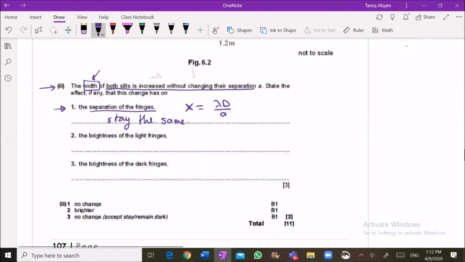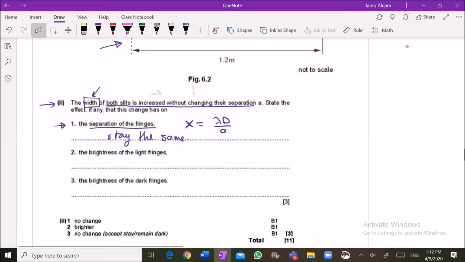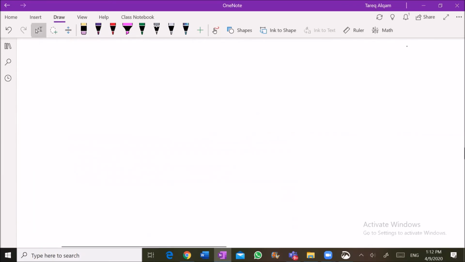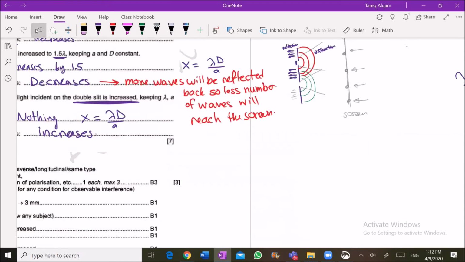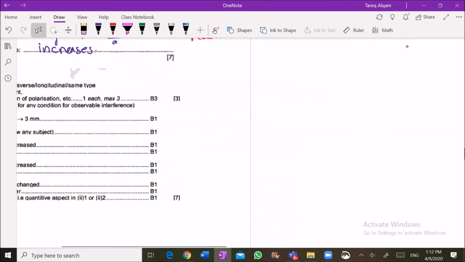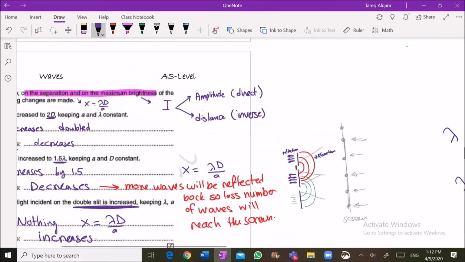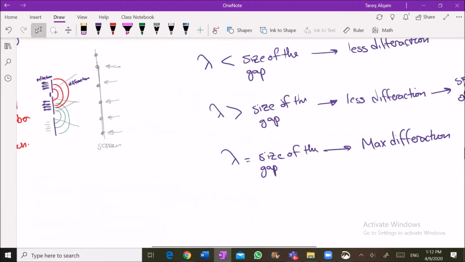Right, stay the same. هلا ايش راح يصير بالبرايتنس تاعت الفرنجز؟ لا guys, let me remind you again بالديفراكشن. احنا حتى in the previous time we introduced this. Oh, I wrote it. Wait. Here guys.